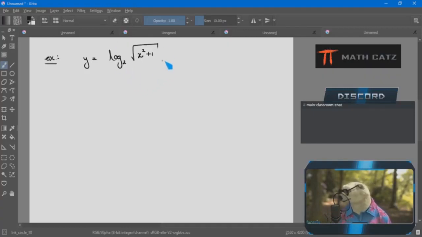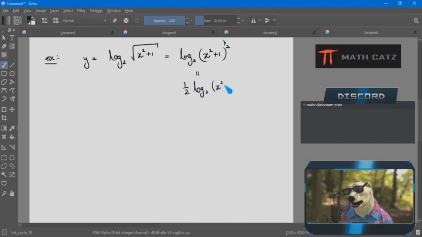And I also see there's a square root here, which I can see as the log of x squared plus 1 to the 1/2. It's not necessary, but it's going to make my life much easier if I now say this is 1/2 log of x squared plus 1.